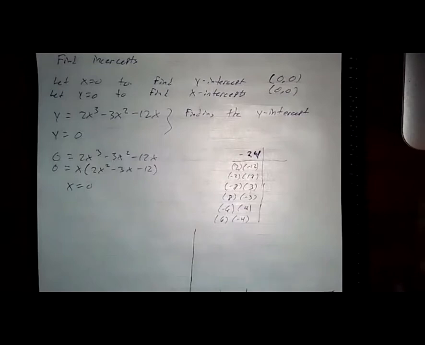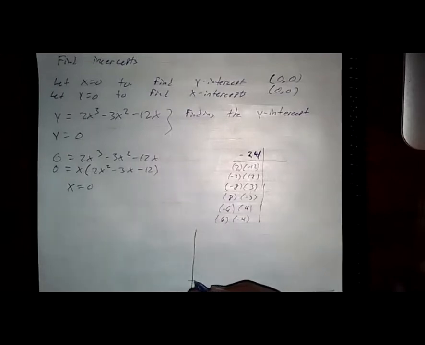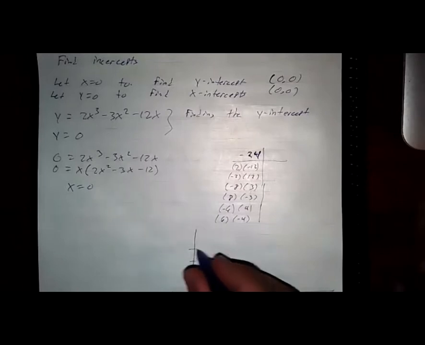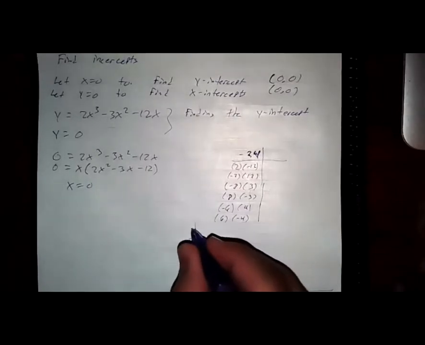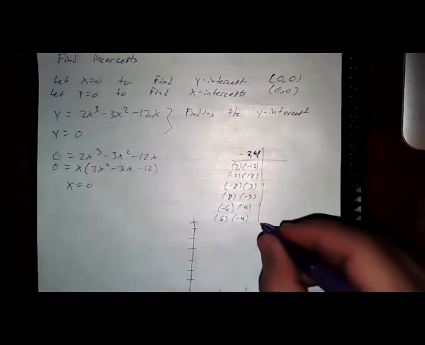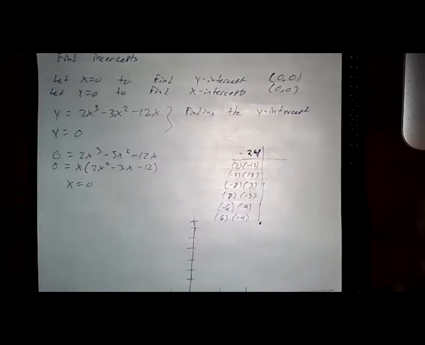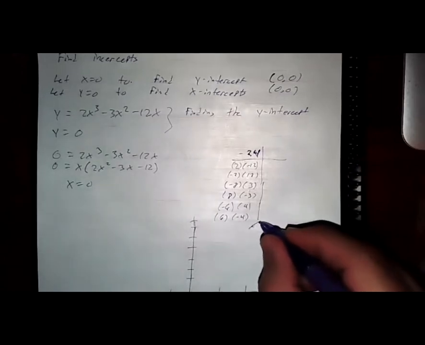What would you get? I think it's 7. So 1, 2, 3, 4, 5, 6, 7. So we got a point here, which we said was a maximum.